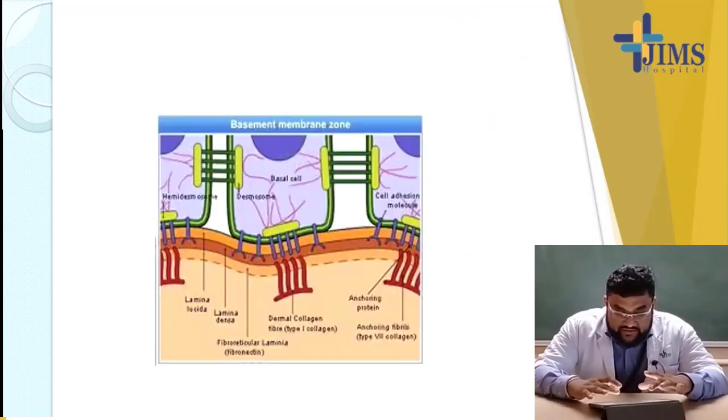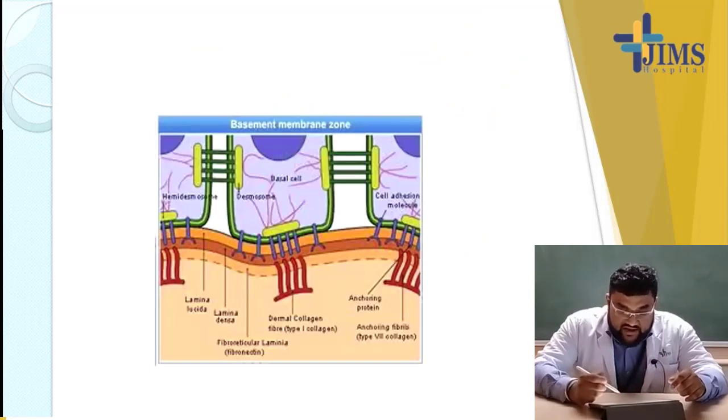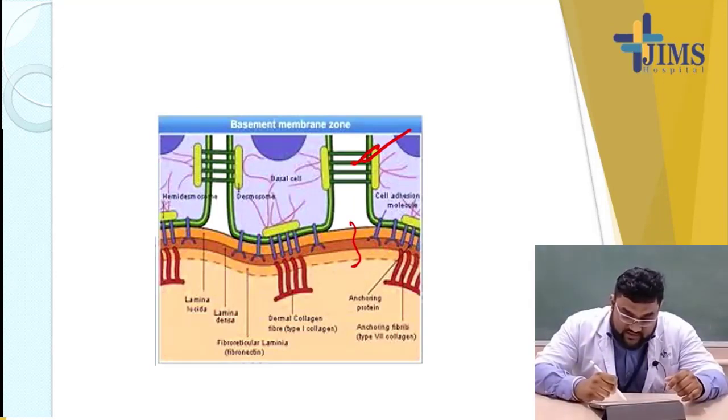So this is a big picture, this picture of a DEJ. Now this is the DEJ. These are the desmosomes. And we have the dermal collagen, type 1 collagen, the anchoring proteins, the anchoring fibrils. We have the lamina densa, the lamina lucida, and the fibroreticular lamella.